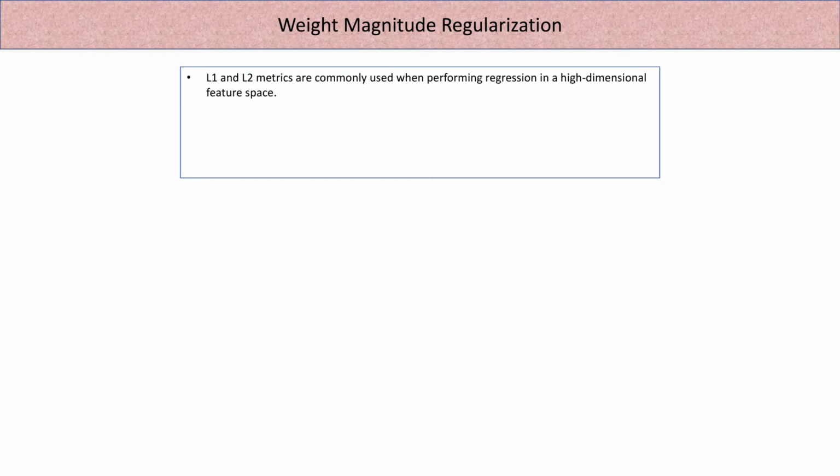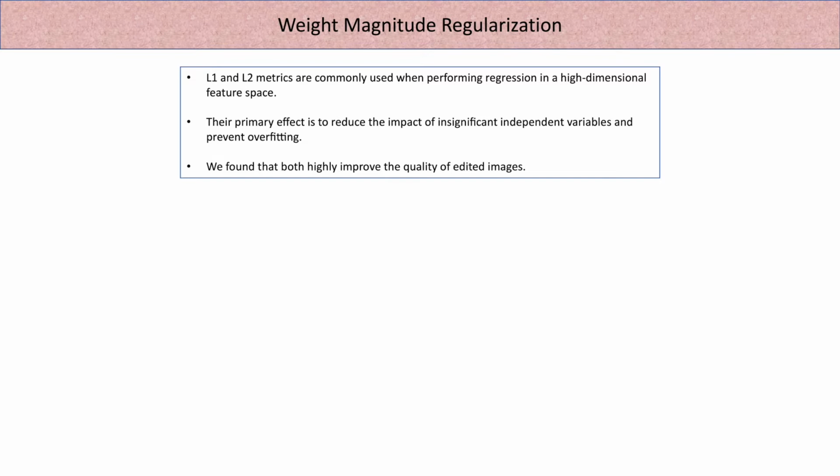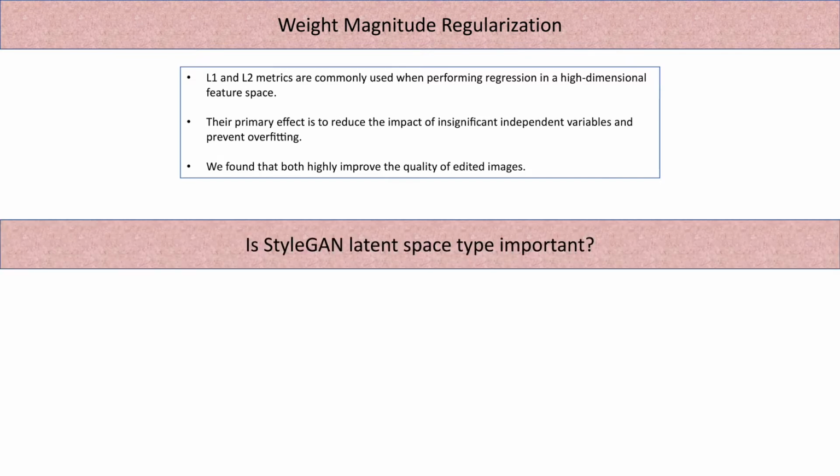The first regularization that comes to mind is weight magnitude. L1 and L2 norms are commonly used when performing regression in high-dimensional feature space. The primary effect is to reduce the impact of insignificant independent variables and prevent overfitting. And we found that both highly improve the quality of the edited images.